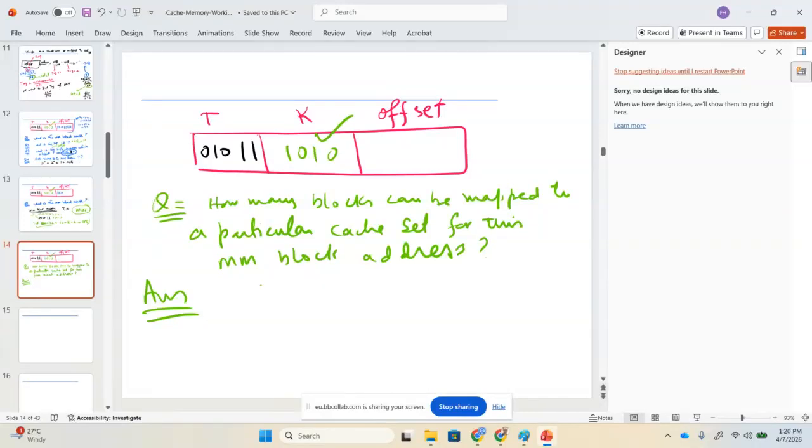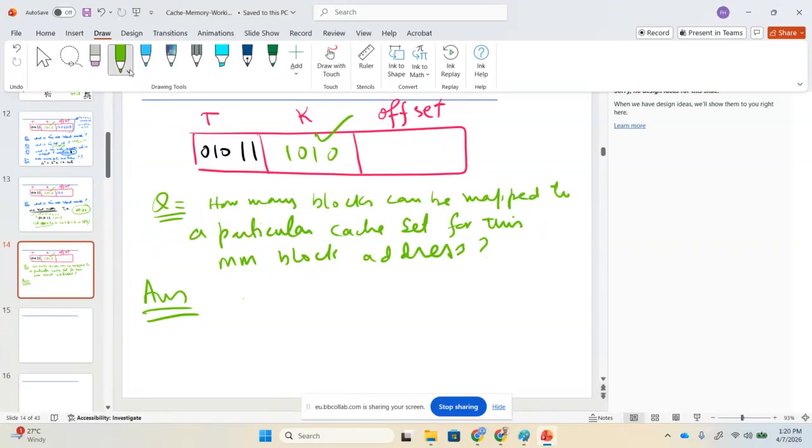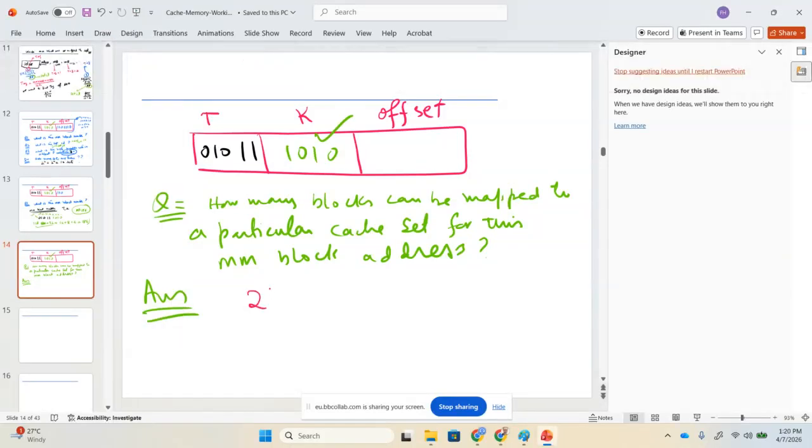The answer is 2 to the power T. And what is T here? So 32.